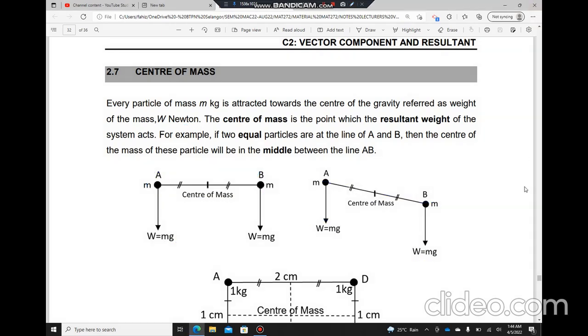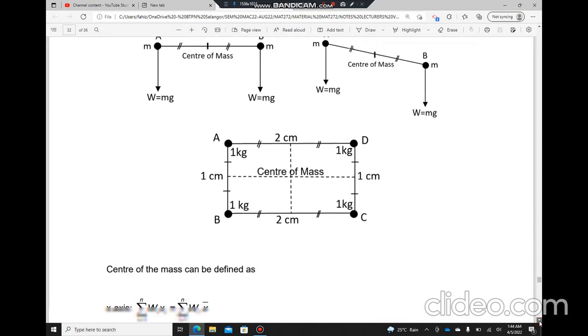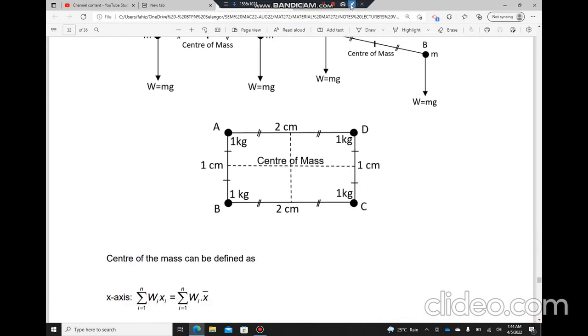Okay. Kalau diagram yang ketiga ni, we have points A, B, C, D. So kalau kita ada 4, how do we calculate the center of mass? Dia akan ada X and Y, sebab di dalam bentuk koordinat, setiap satu ni dia akan ada titik tengah untuk X and titik tengah untuk Y. For example, between A and B, the distance here is 1 cm.